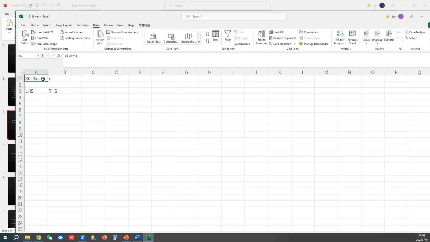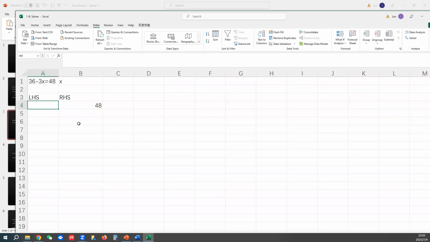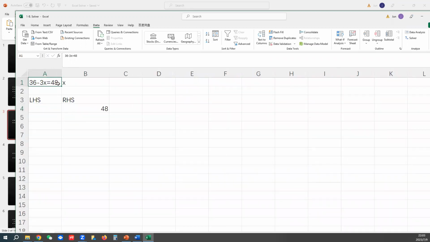So 36 minus 48 is minus 12, and 3x moved to the right-hand side is positive 3x. So minus 12 equals 3x, and x should equal minus 4. Now let's set this up in Excel. We keep our fidelity to the original way of writing the equation. The right-hand side is 48.